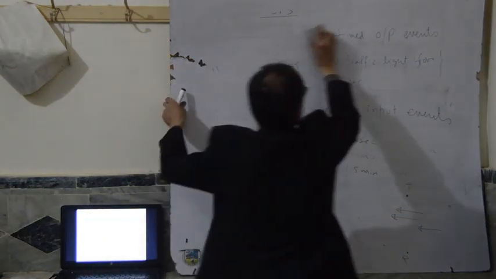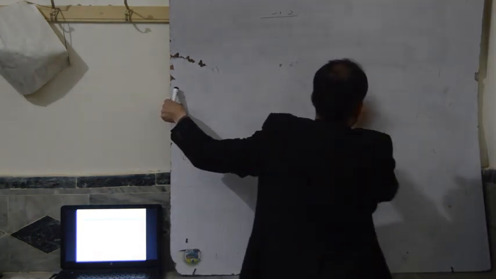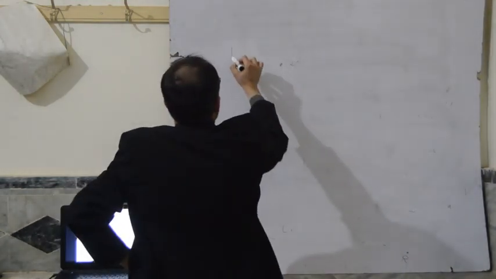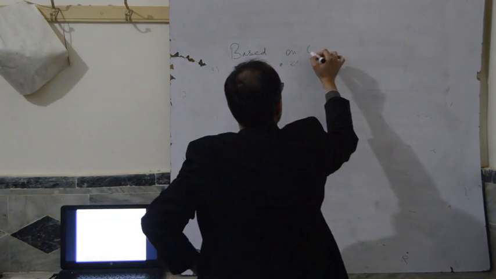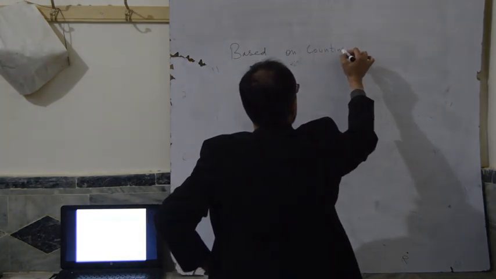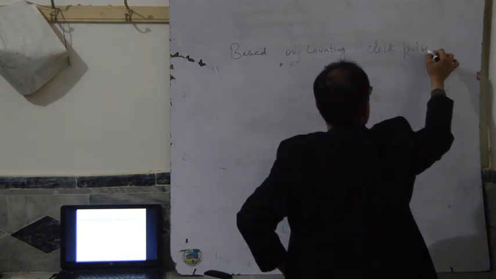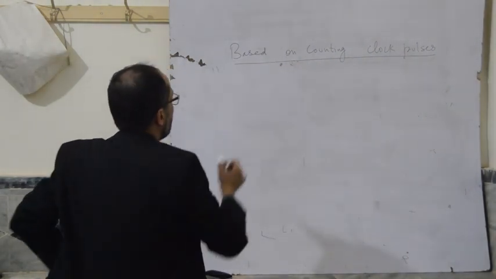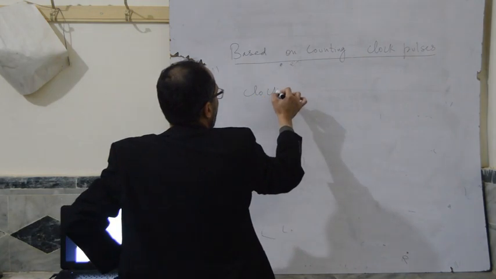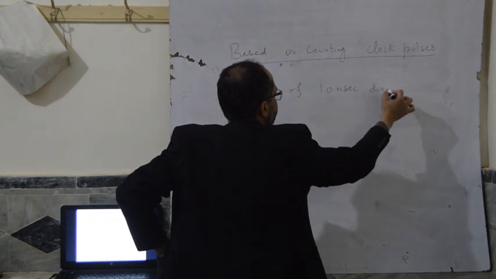And timers are based on counting clock pulses. So let us assume that we have a clock of 10 nanosecond duration.